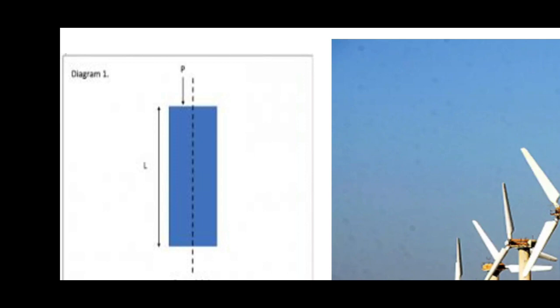Direct load means the load which acts at the center, on the centroid of that area. But what is eccentric load? Eccentric load means the load which acts on the part but away from the axis, at some distance from the axis. So that is eccentric load.